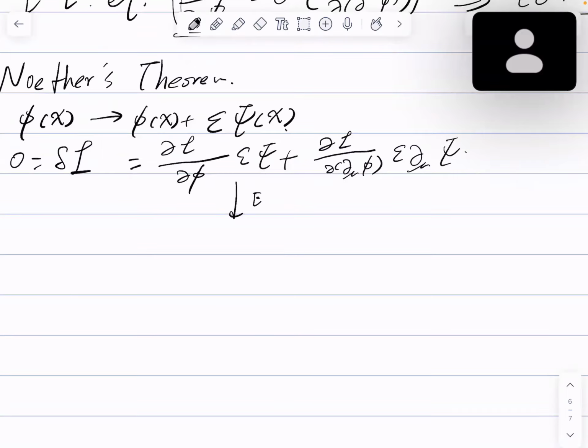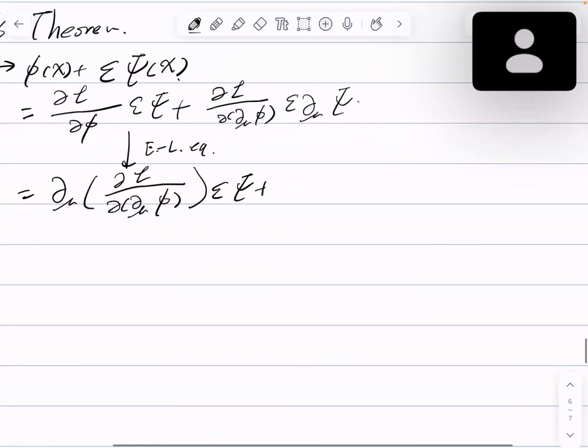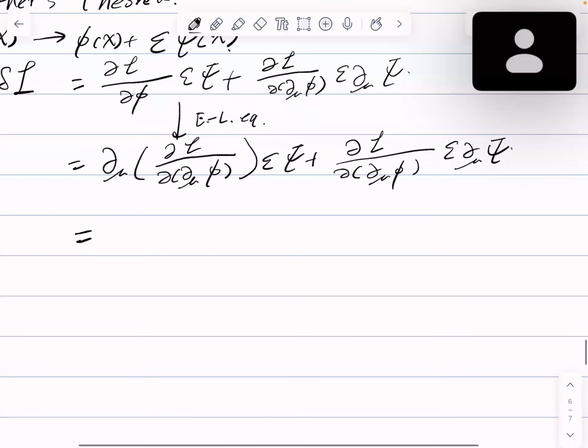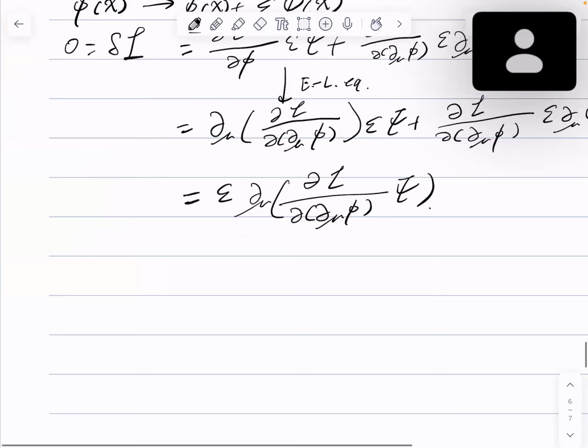Using the Euler-Lagrange equations, we obtain ε ∂_μ of ∂L/∂(∂_μφ) ψ. And we know it vanishes.